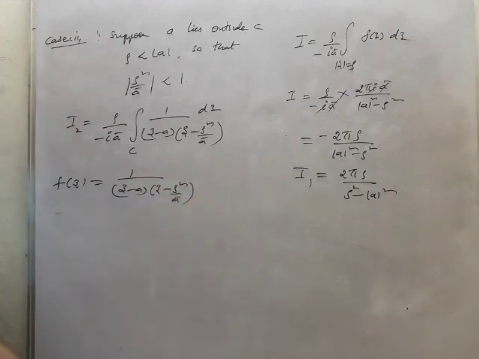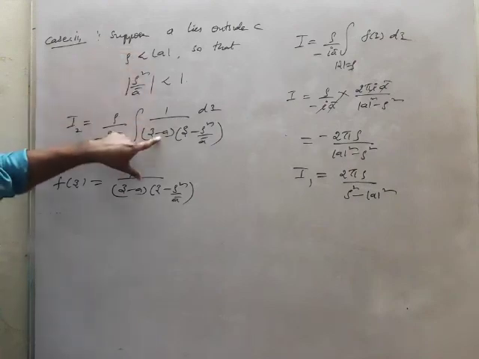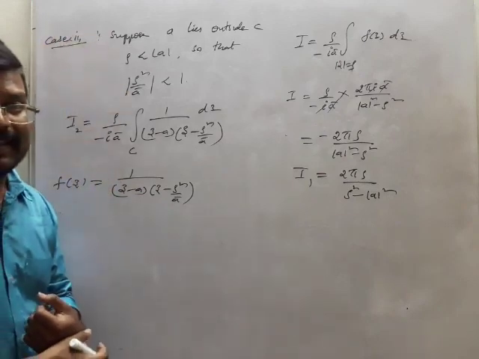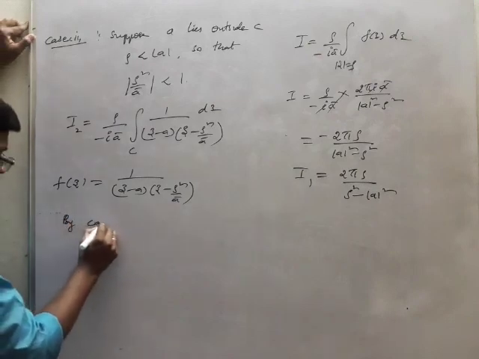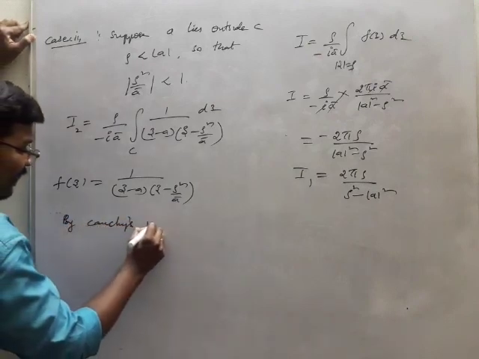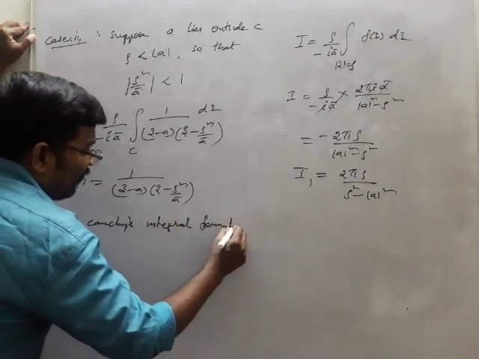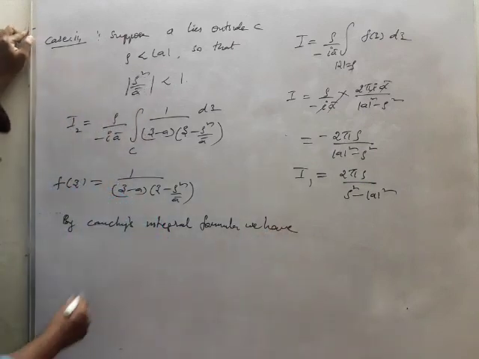Now which one is lying inside? Rho square by a bar is lying inside. So this is lying outside. So this will go to the numerator according to Cauchy's integral formula. So by Cauchy's integral formula, what is that Cauchy's integral formula we have?